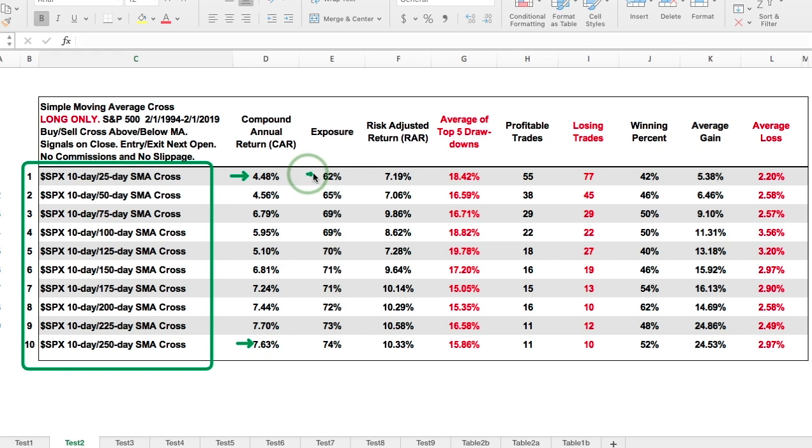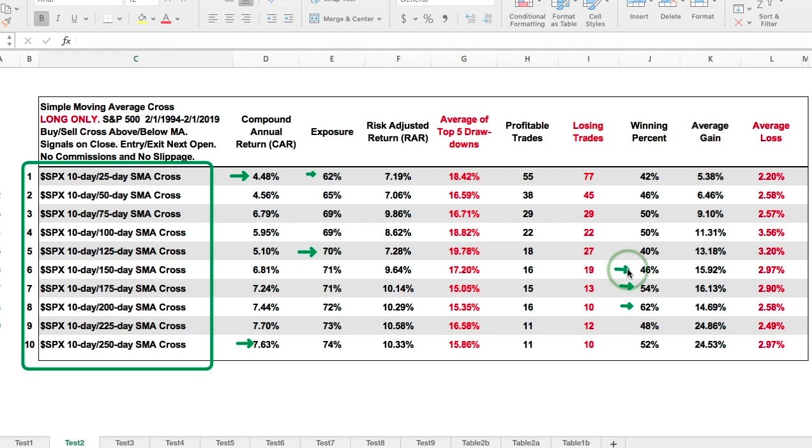And exposure gradually goes higher, and it gets into the 70s once you get that 10-day, 125-day cross here. And then when we look at the winning percentage, it kind of hovers in this 40 to 50%, but it starts getting higher as that moving average gets longer.